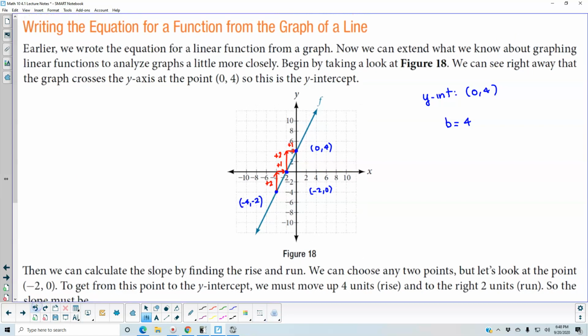So when we go up, that means our rise is +2 over our run, which is +1. So that should tell us that the slope is 2 over 1.